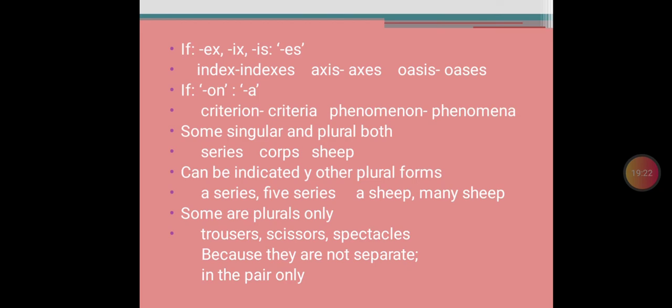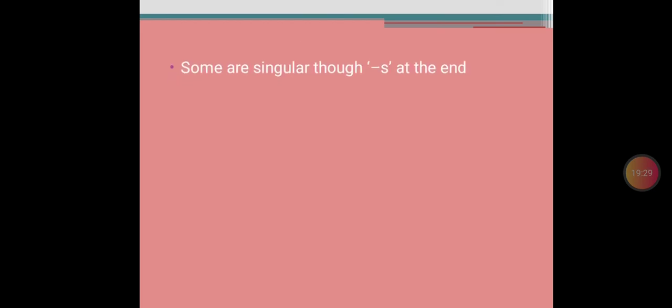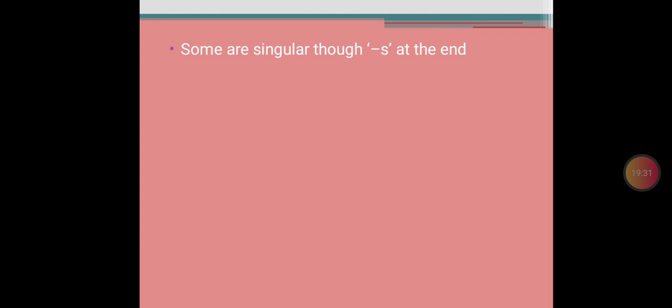That's why they are used as plurals. There are some nouns that are singular, even though at the end you find s. Look, that is very strange. Generally, we think that a noun that ends with s is in plural. No, there are some nouns.